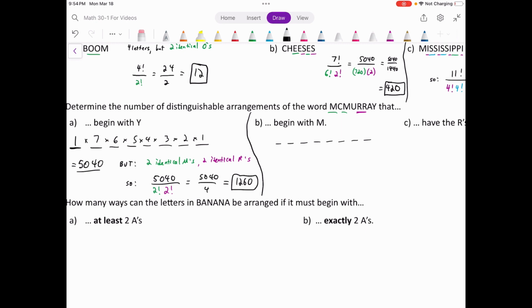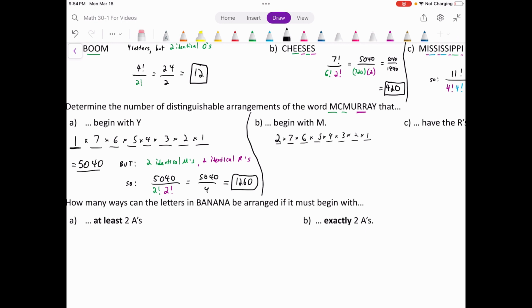So I'm going to go with the method of, hey, there's 2 M's. I'll worry about the identical stuff at the end. So 2 M's, and then I'm left with 7 other letters, right? So 2 times 7 times 6 times 5 times 4 times 3 times 2 times 1. Again, if the M is locked in at first, there's 2 different M's we could use. So really it just becomes 7 factorial, the 7 factorial ways there are to arrange the other letters, times 2 for the 2 different M's.